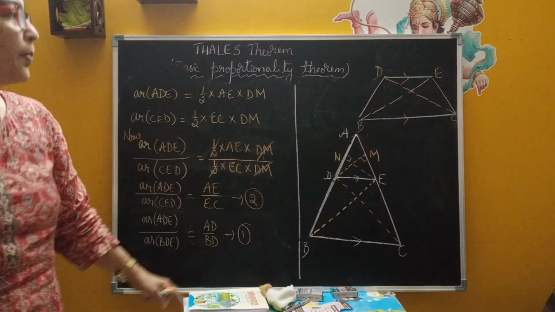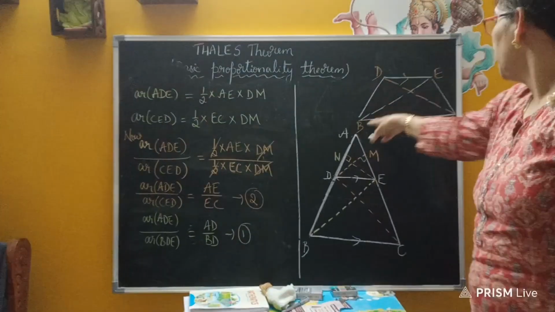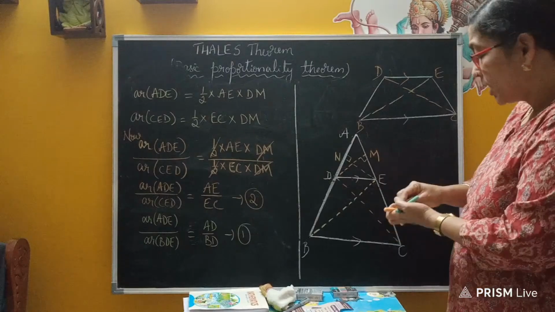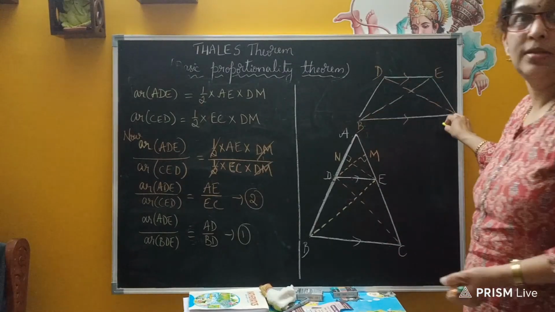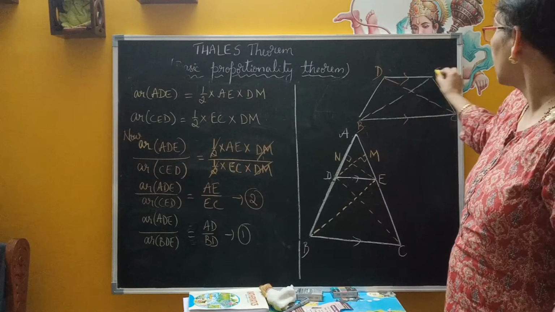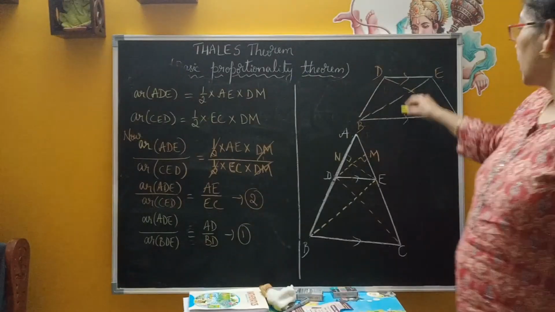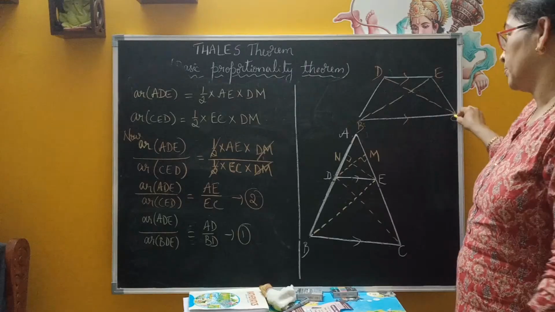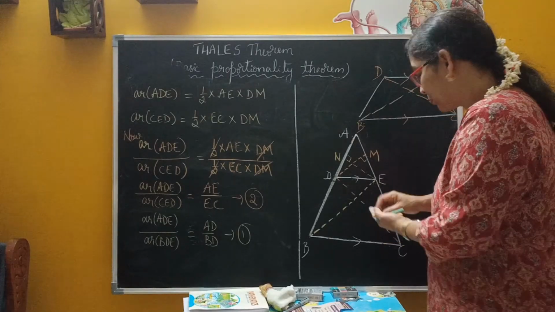DE is the common base for both the triangles DEB and DEC, and both the triangles are lying between common parallels, that is DE and BC. So what do you say now? The area of DEB or BDE is equal to area of CEB or BEC. Okay, both the triangles are equal in their areas. Which part? I'll show now. This part.